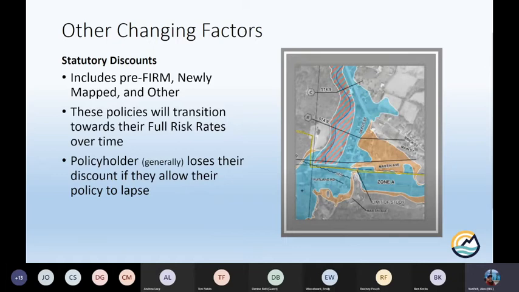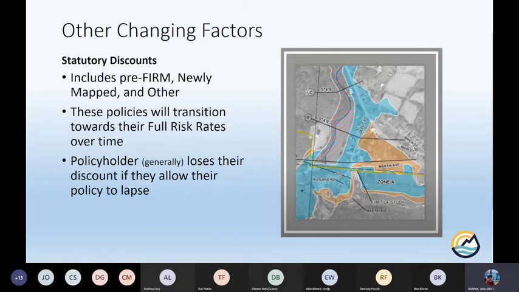The policyholder in general loses this discount if they allow their policy to lapse. We talked earlier about how the policy goes with the property when it's sold. If the existing policyholder cancels their flood insurance after the sale, the buyer does not get that discounted rate. They have to assign it through closing to the new owner.